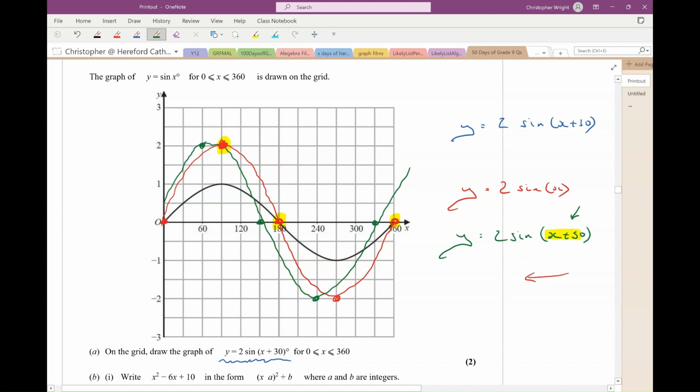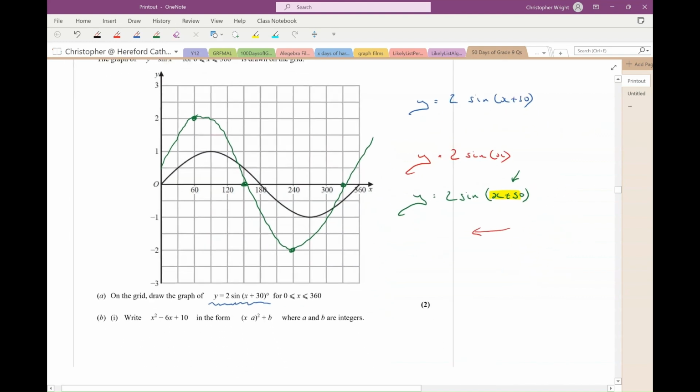There we are. My final answer is this green curve here, which is the original curve stretched by a factor of 2 along the y-axis and then translated by a vector of minus 30 along and 0 up.